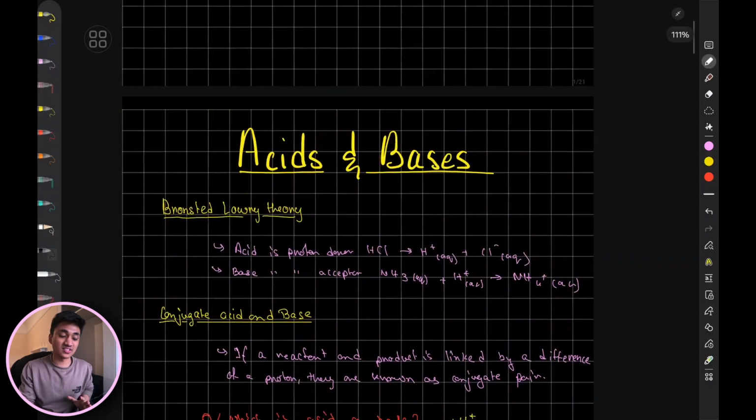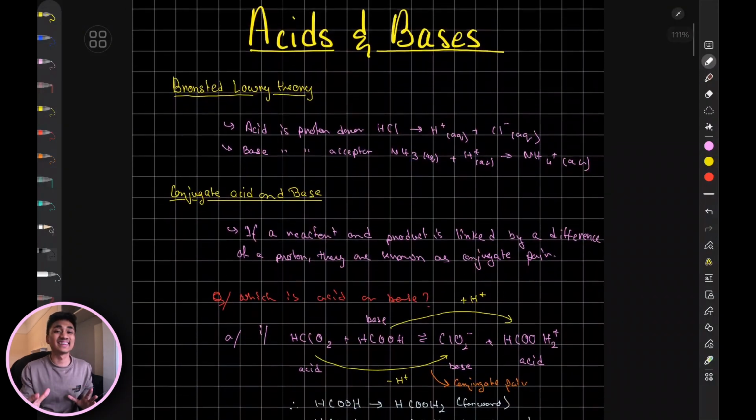And now acids and bases, this is the bulk of everything. We are only going to be working with acids and bases because it is the only thing to work with. There's something called the Bronsted-Lowry theory, and this says that acids are proton donors. So anything that is acidic will donate H+.